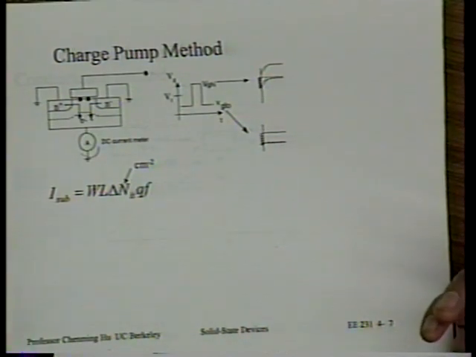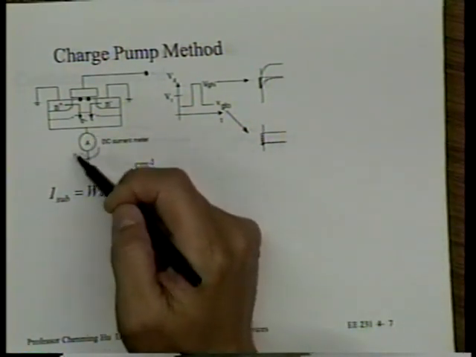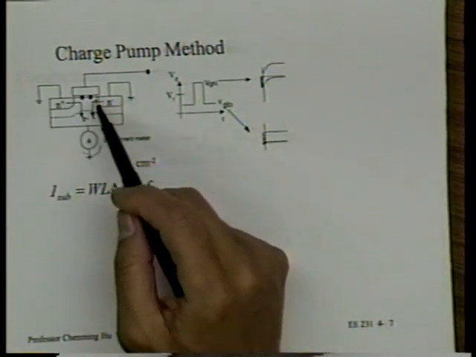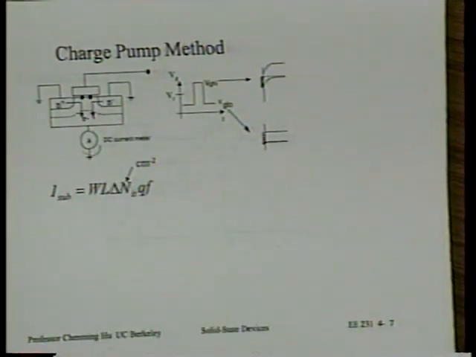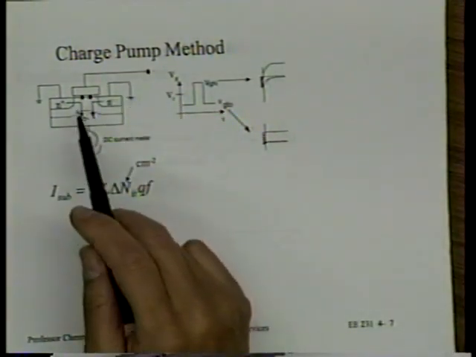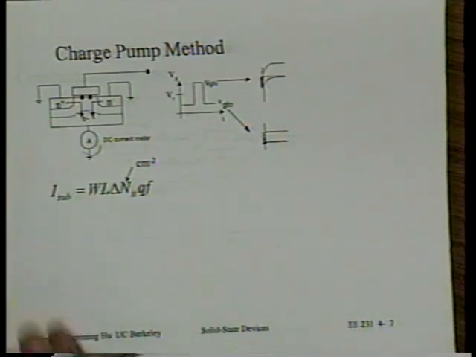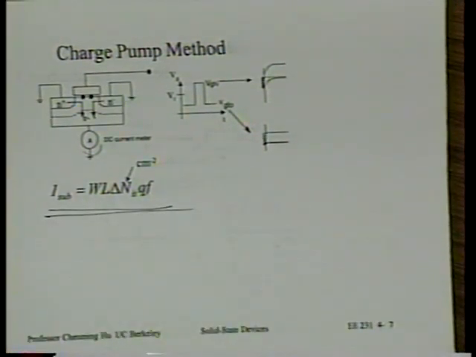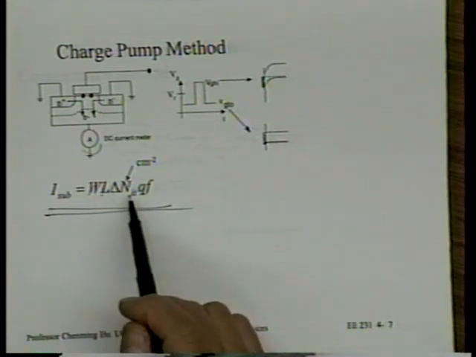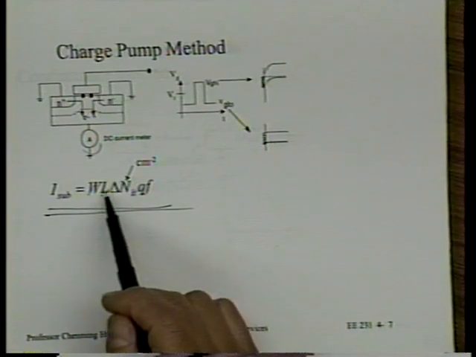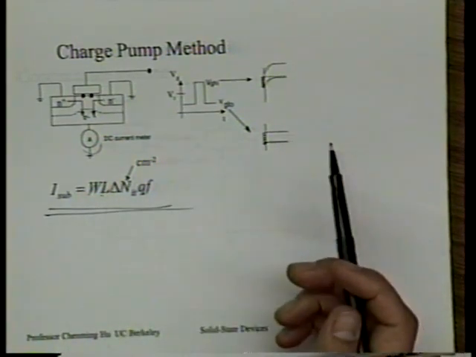So what we do is put a very sensitive ammeter here. If there were no electron traps at all, there should be zero DC current, because this is a capacitor. But because of these traps, we'll get a DC current. And that DC current can be related to traps in this manner. It has to do with W, L, N_IT, and here's an area, so multiplied by the area, we'll get the total traps.